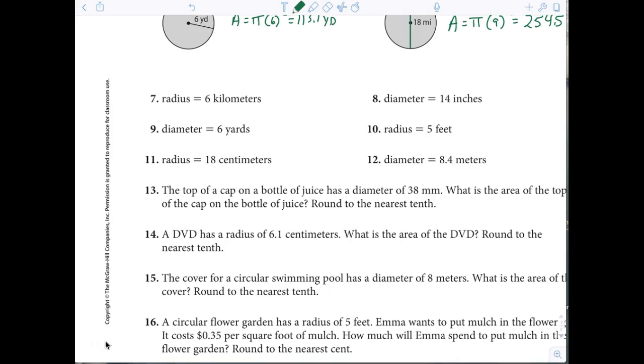Okay. Carter, you're up. Number 7, please. Right, so tell me the answer.